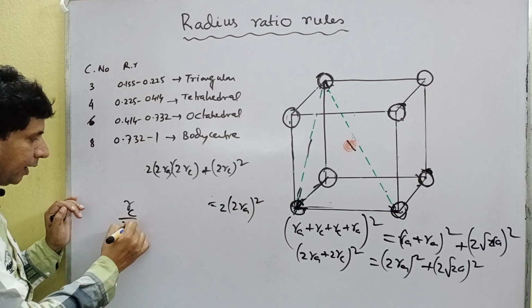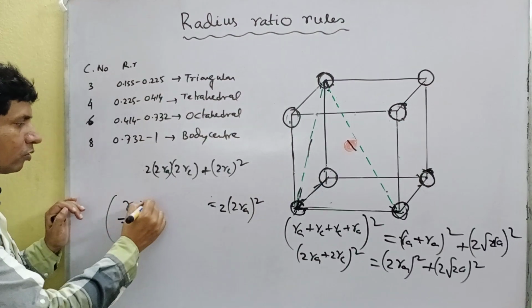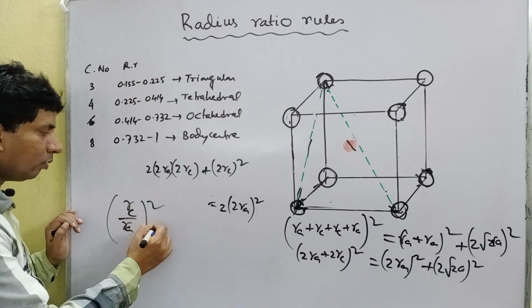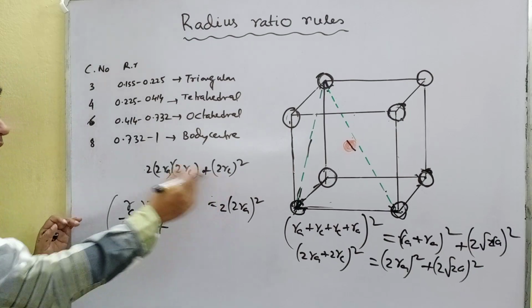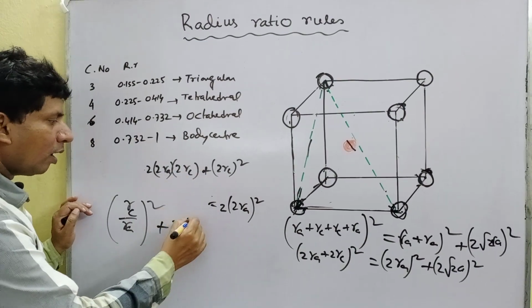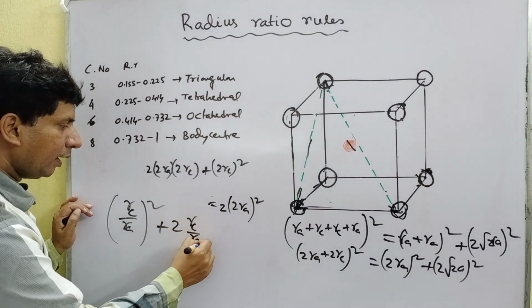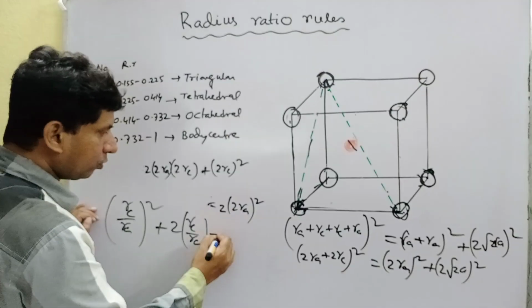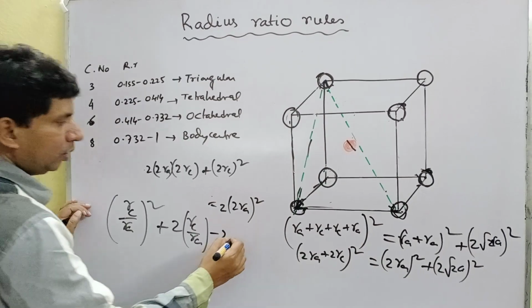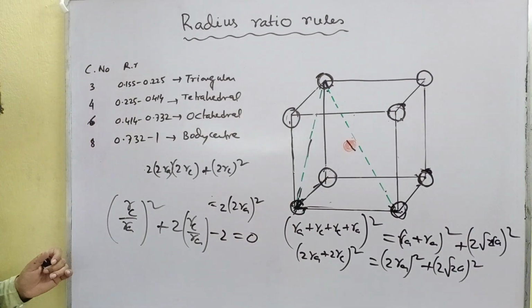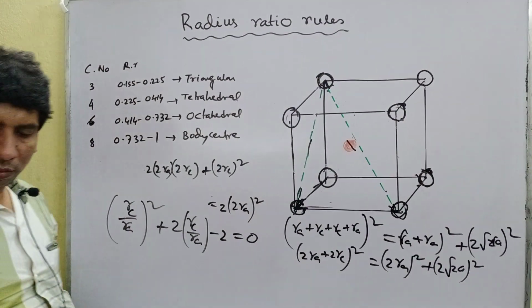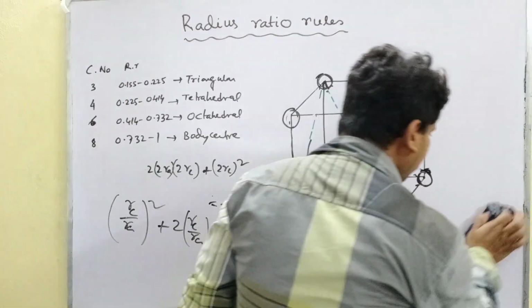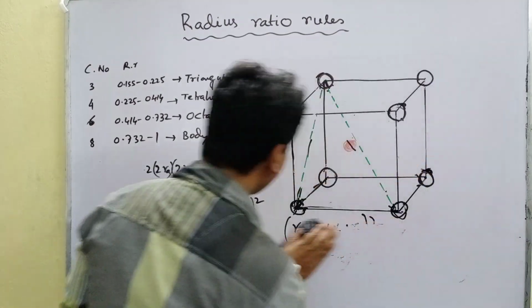Then we can write it this way: RC by RA squared plus 2RC by RA minus 2 equal to 0. Now you know the Sridharacharya formula, the mathematical formula.